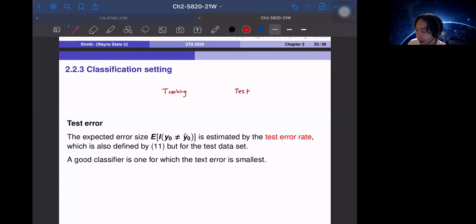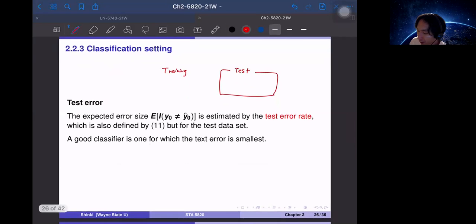We make a model, the rule to make y hat, by the training set only, and then we evaluate the error only with the test set. Then we can calculate the test error rate. That is a better measure of the model performance for new data. So the good classifier is the one for which the test error is smallest.